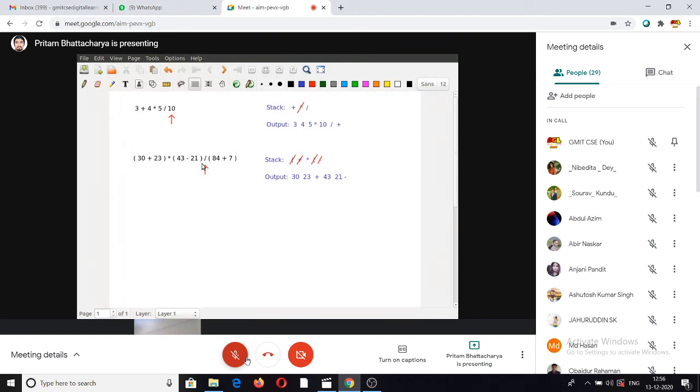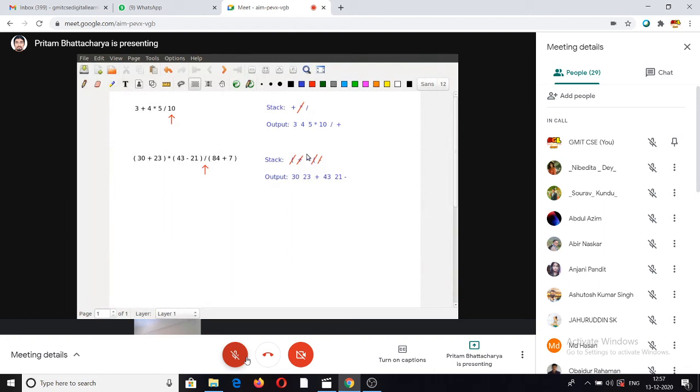If you recall, unless it's those special cases where the stack is empty or there is an opening bracket on the top of the stack, in all other cases you need to compare the precedence of the incoming operator, where I am currently pointing, with the operator on the top of the stack.